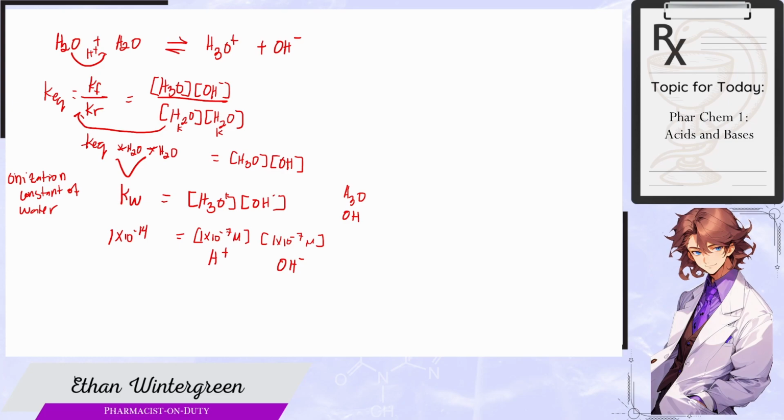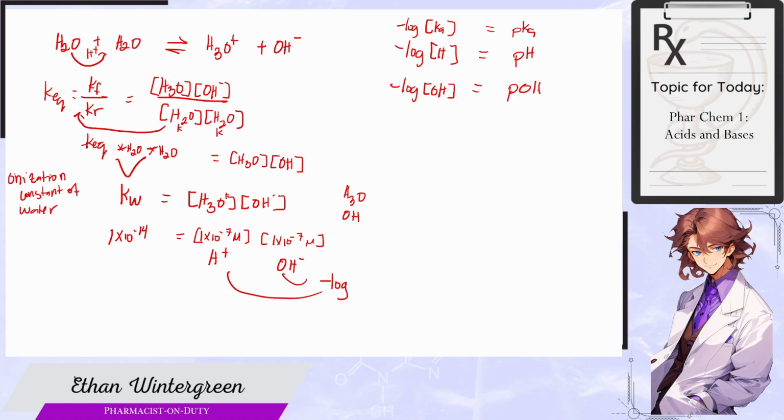Hence, if we can do the same as with pKa, in which we applied negative log to Ka to make it more manageable, we could also apply negative log to everything here. So the negative log of hydrogen ion concentration is equal to pH, similar to how negative log Ka became pKa. And when we apply negative log to OH, it becomes pOH.